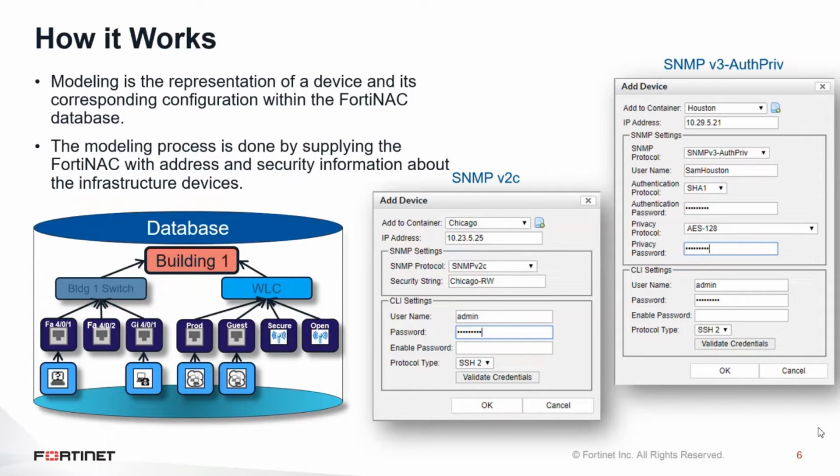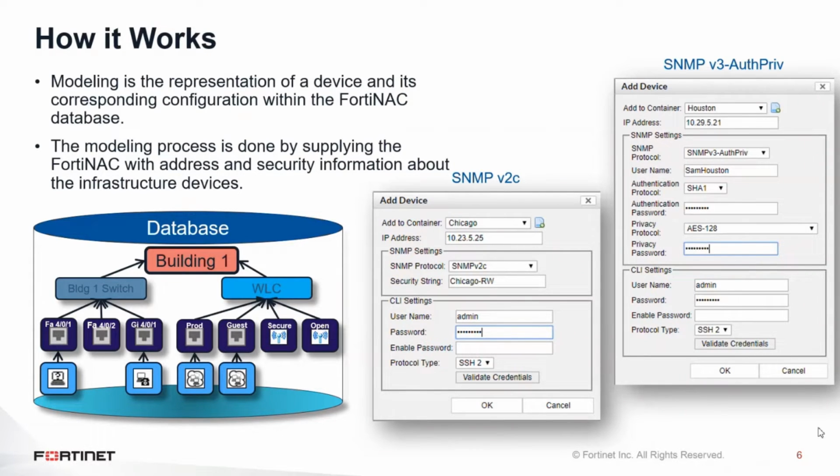Devices are modeled on Fortinet by supplying the communication information and necessary security credentials for SNMP version 1, version 2, and version 3, and also the SSH protocol, the likes of protocols I mentioned in the previous slide.